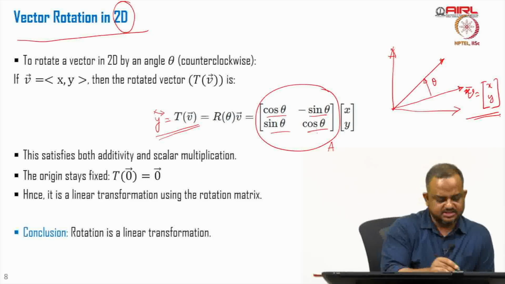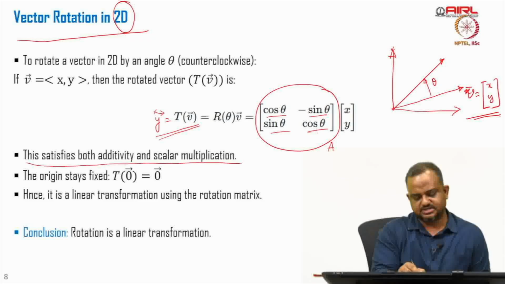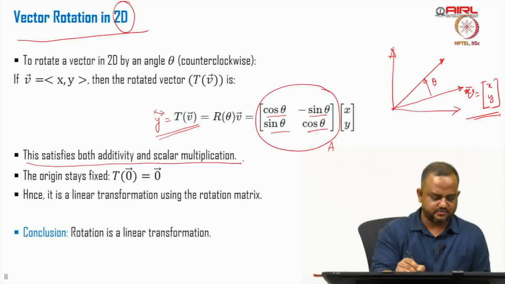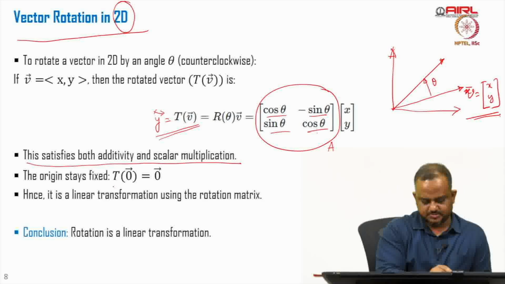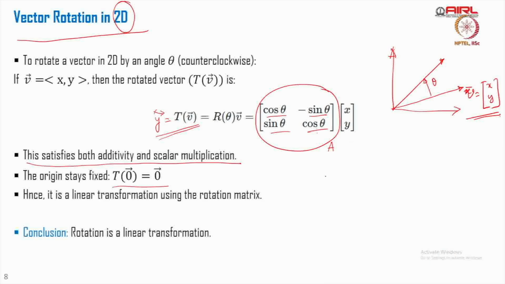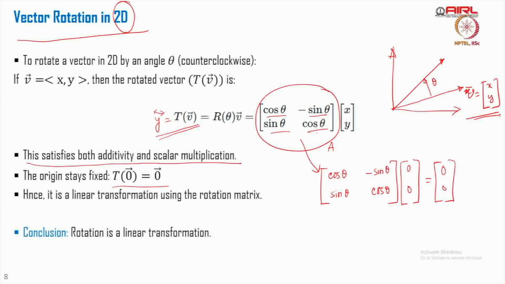This satisfies both additivity and scalar multiplication. I am keeping it for the students, they can check it. The origin stays fixed. We can see clearly from here, if the original vector is 0 0 and we multiply that original vector, that means the origin, by this particular A, then it comes out as the same origin.